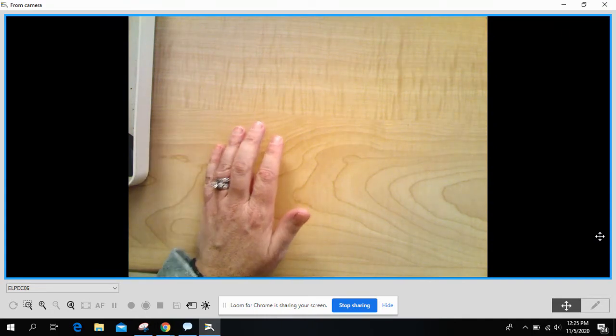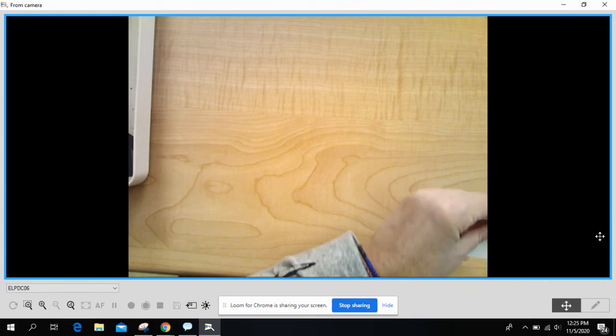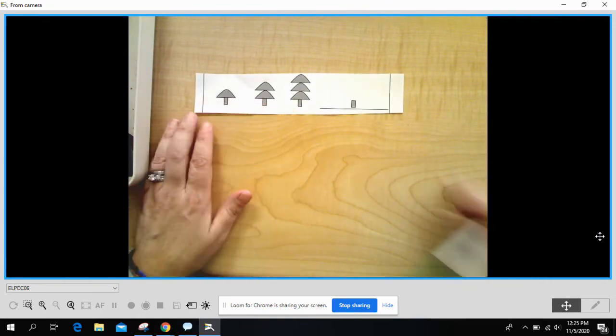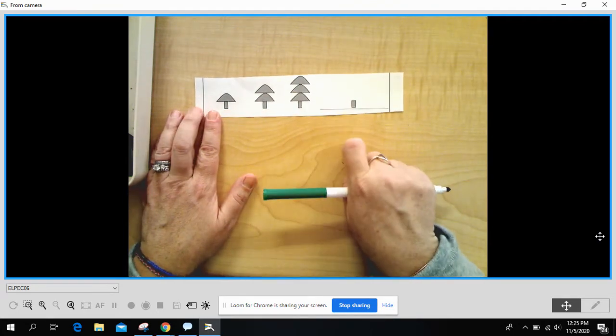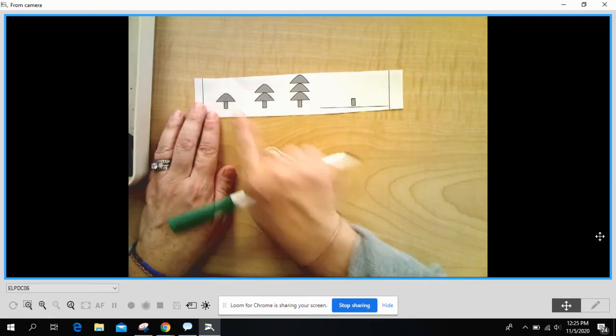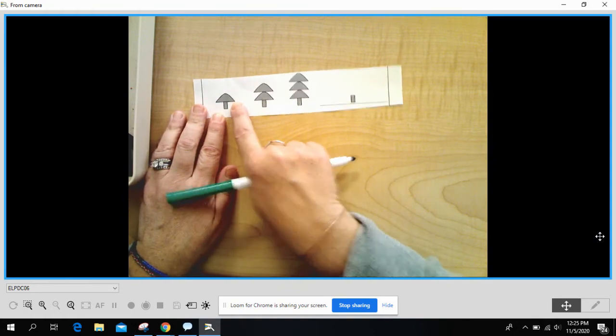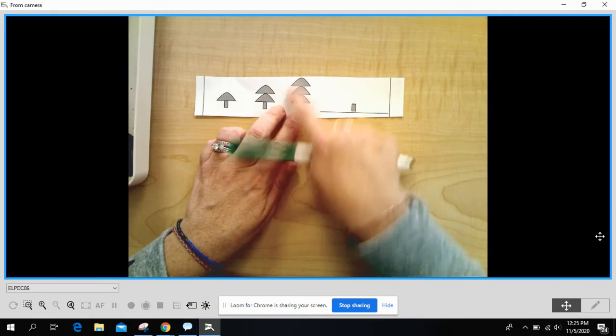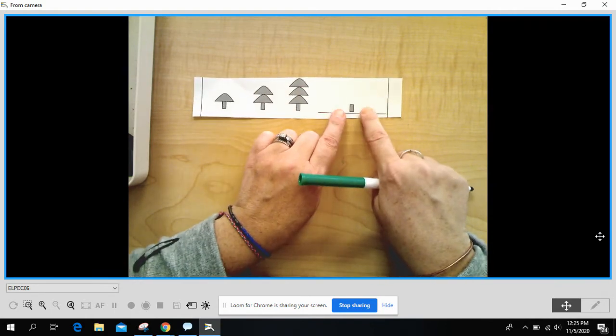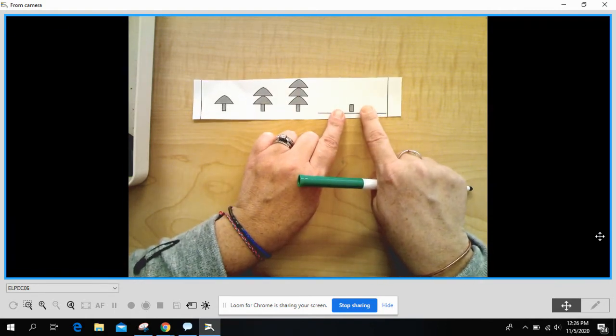Let's now look at growing patterns with pictures. So when you have growing patterns with pictures, one thing stays the same. Can you see the trunk of this tree stays the same? But in the first term, we only have one level of the tree. In the second term, we have 2 levels. And the third term, we have 3 levels. How many levels do you think we'll have in the fourth term?